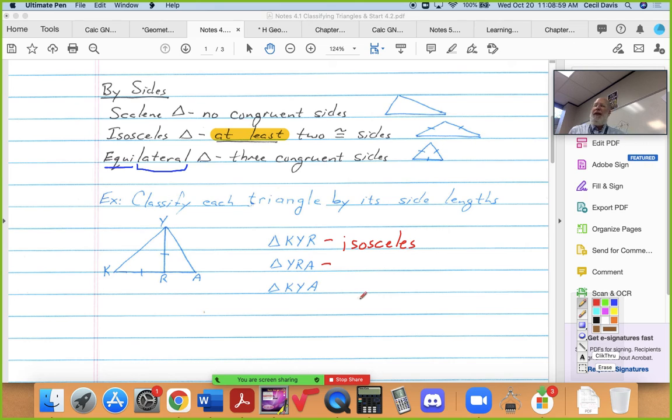Do we know that any of its sides are congruent to each other? No, so we call that scalene. What about the big triangle, triangle KYA? Do we know any of its sides are congruent? No. So that's scalene again. All right, moving on.